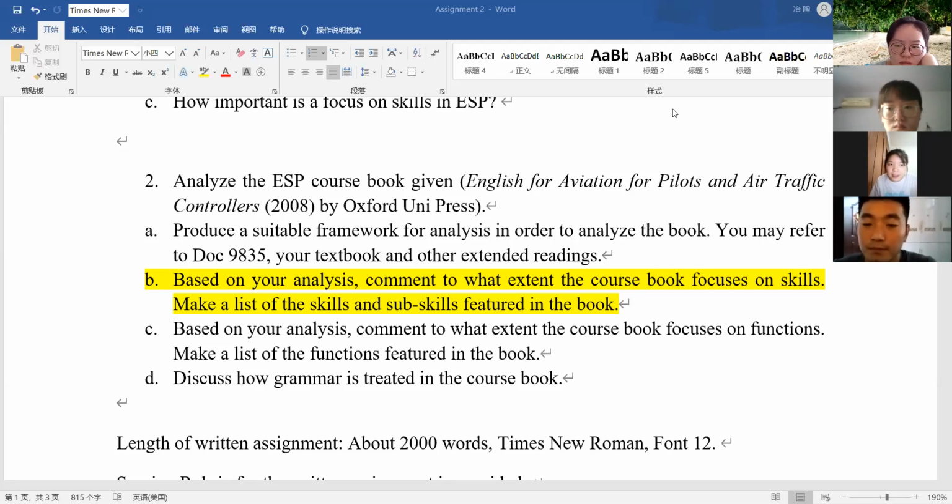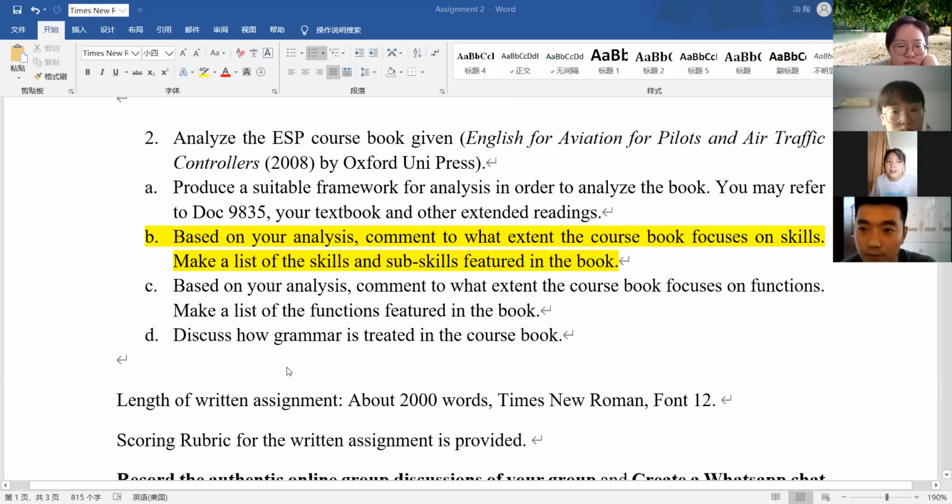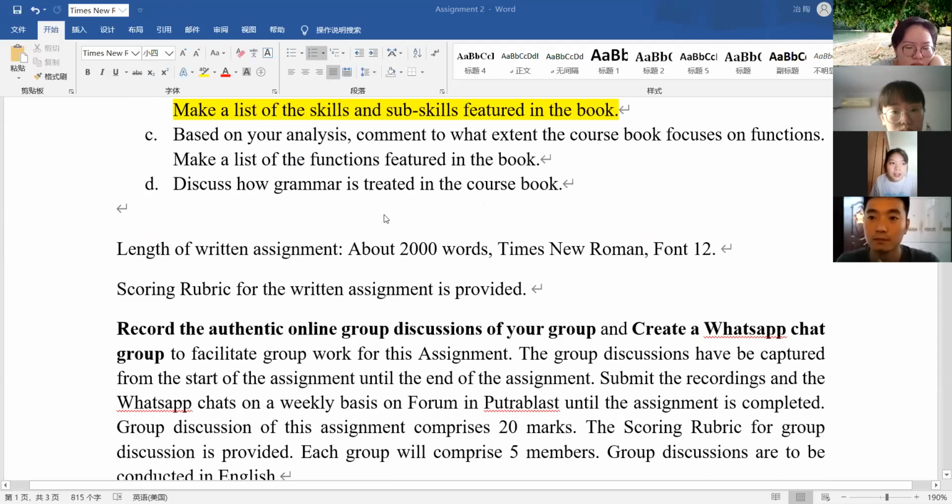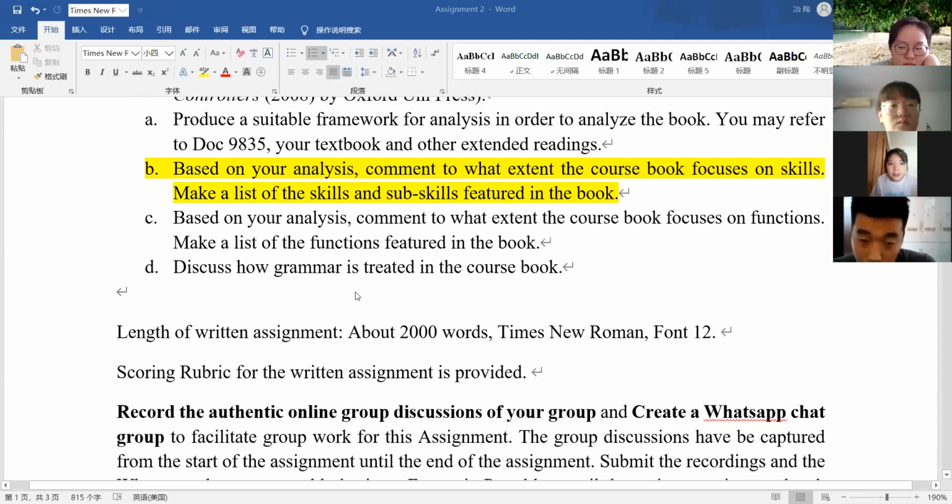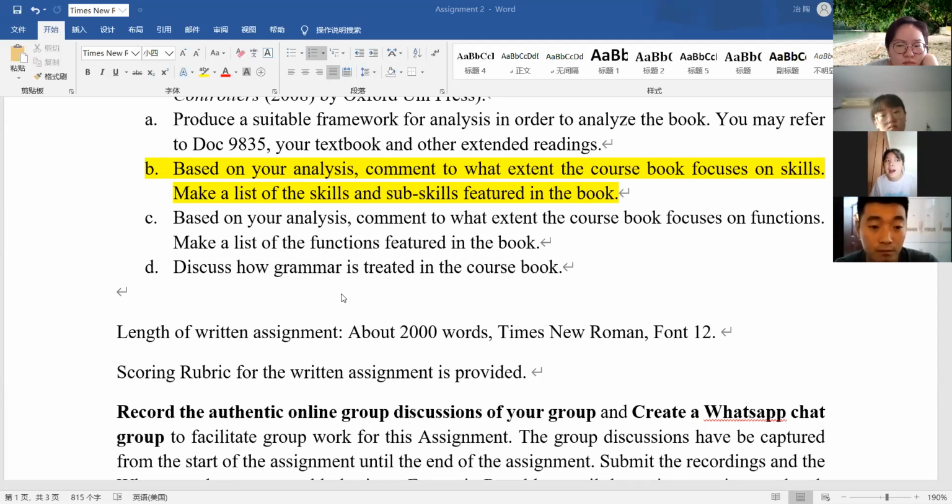Let me give you an example. Here is a task, and the students are required to listen to the two exchanges and answer the questions. So based on listening and answering, we can know that the students are required to identify main ideas, the speaker's assumptions, and what information is relevant. That's some of the sub-skills.